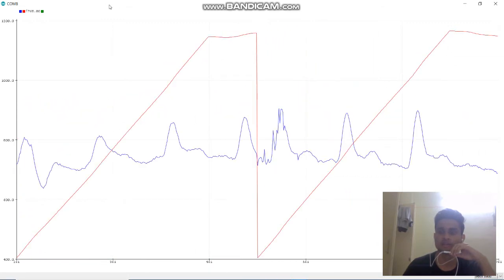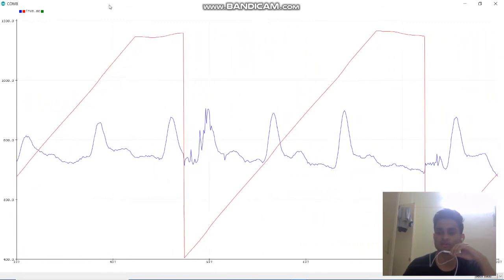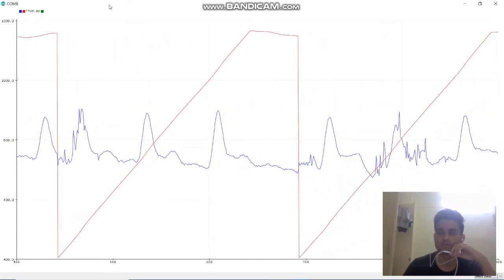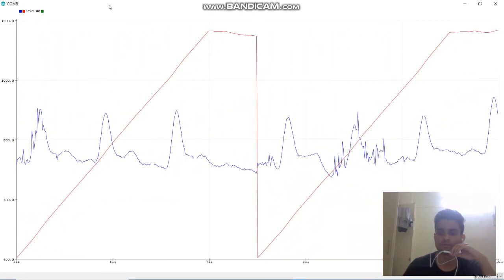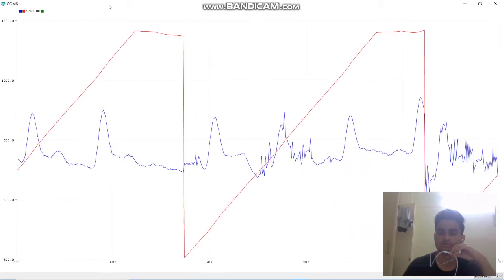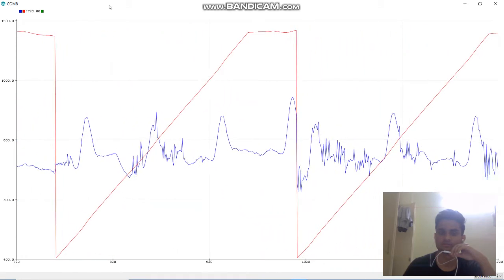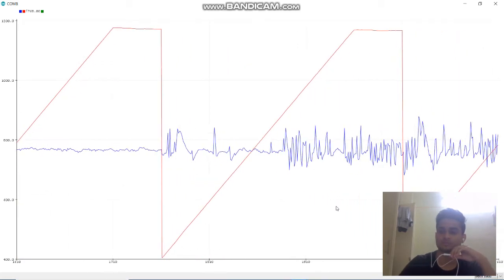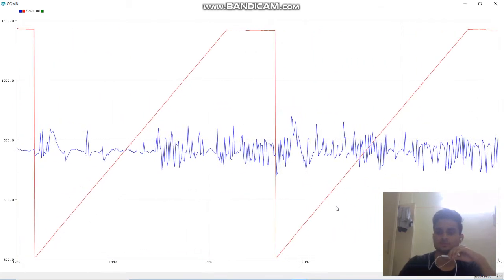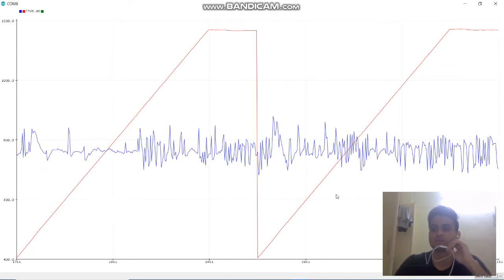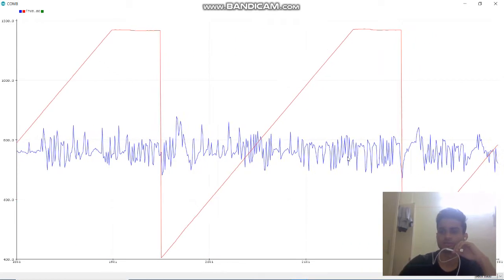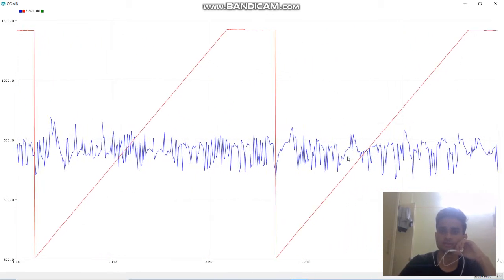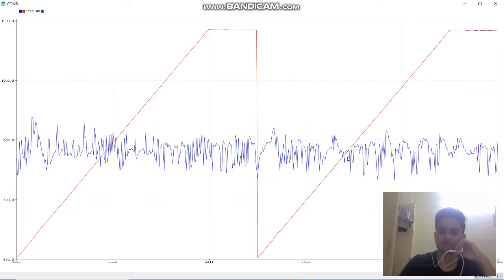Here we are extracting the drift component of the signal. We extract a baseline drift component from the signal using a moving average filter whose length depends on the sample rate.